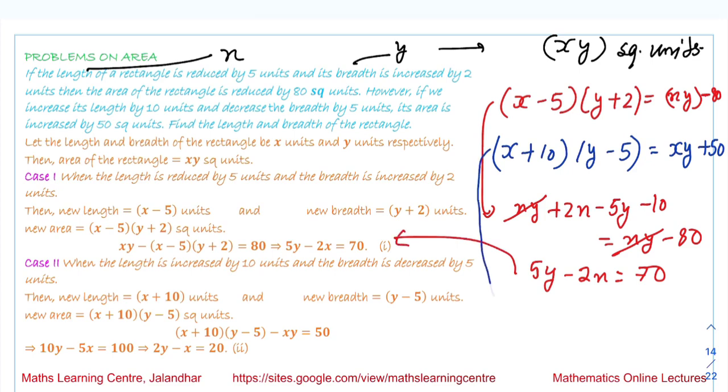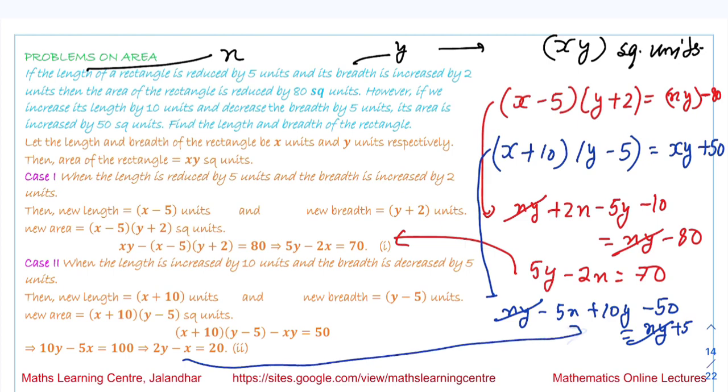The second equation we get from this is xy minus 5x plus 10y minus 50, that is equal to xy plus 50. Again this xy gets cancelled and the equation we are left with is 2y minus x is equal to 20, and the second equation we have is 5y minus 2x is equal to 70.